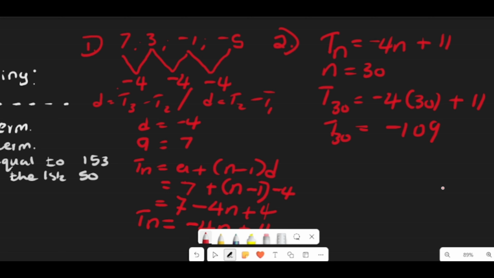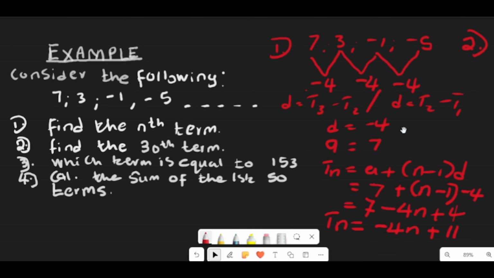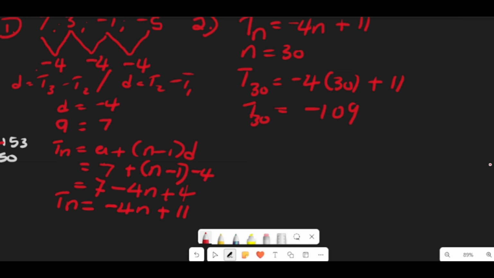Now let's move on to question number 3. If you can remember, question number 3 was saying which term is equal to minus 135. Using our general formula, Tn equals minus 4n plus 11, we have negative 135 equals minus 4n plus 11.